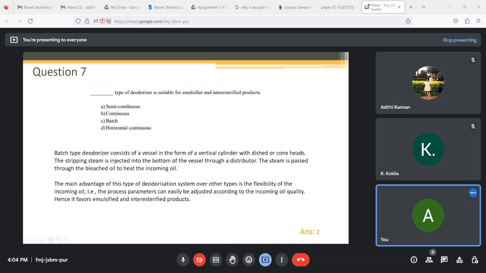Whereas in continuous and semi-continuous, where you have a continuous supply of oil, the control becomes more difficult. Since the control becomes difficult, it is much less favorable for emulsifier and interesterified products. So the answer is option C. In a batch, you have better control, so you'll be able to control the production and separation of emulsified and interesterified products. The answer is option C.